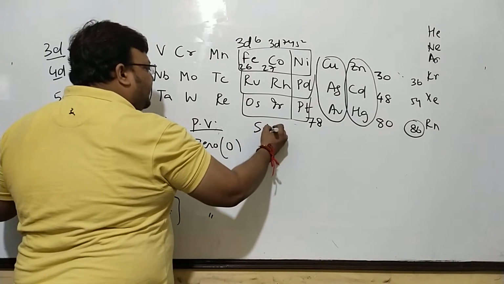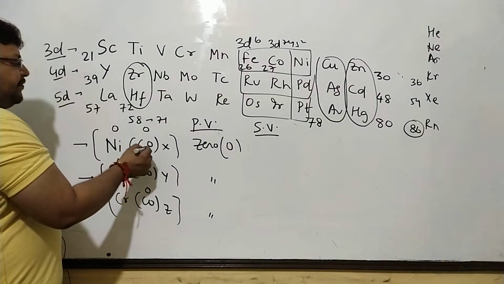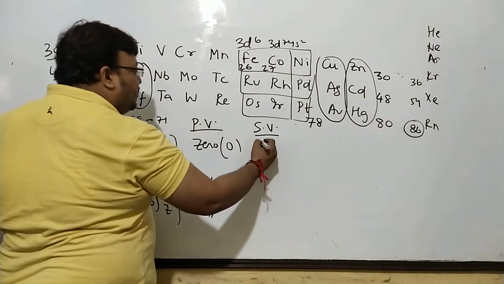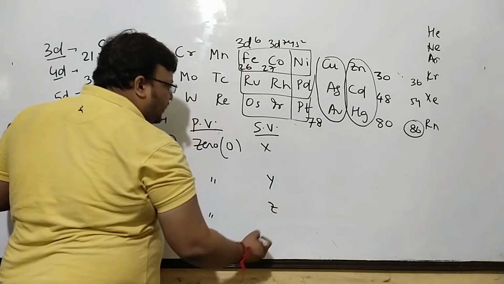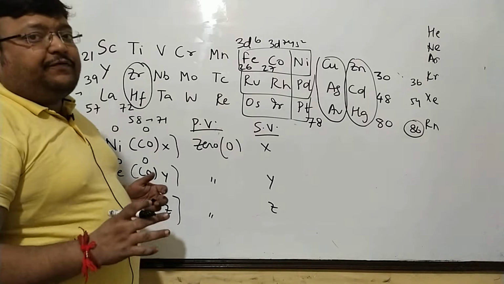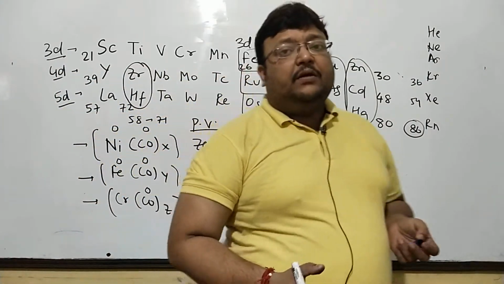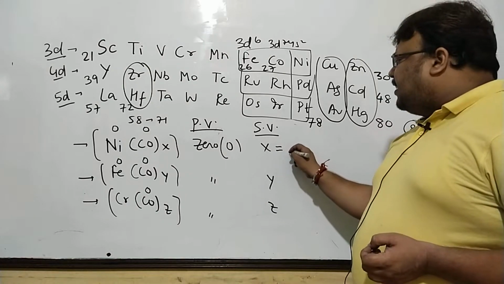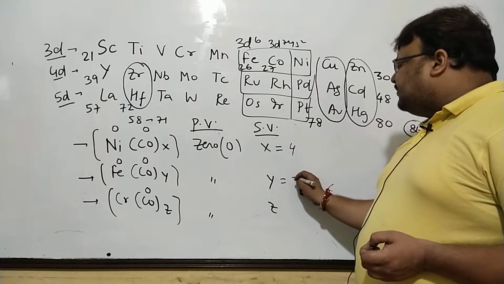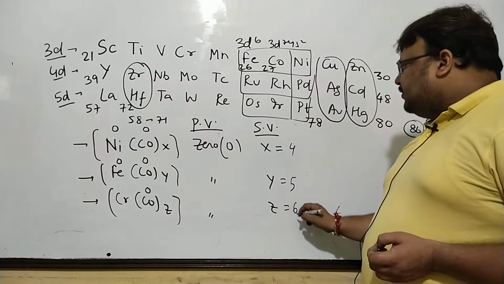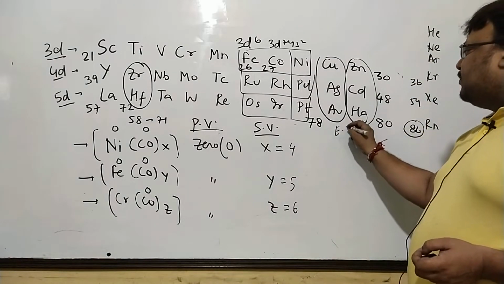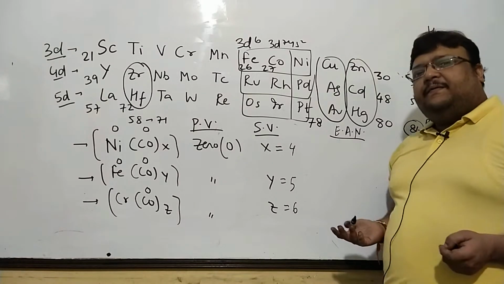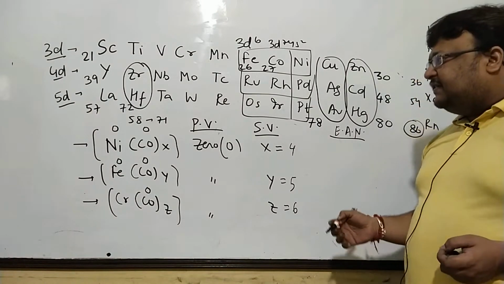And secondary valency, naturally, if the formulas are NiCOx, FeCOy and CrCOz, would be x, y and z. When the formulas of these carbonyls were known, it was found that the values of x, y and z are 4, 5 and 6 respectively, and the corresponding EAN calculated would again obey Sidgwick's theory.